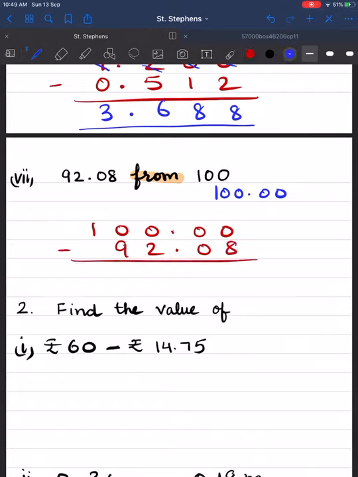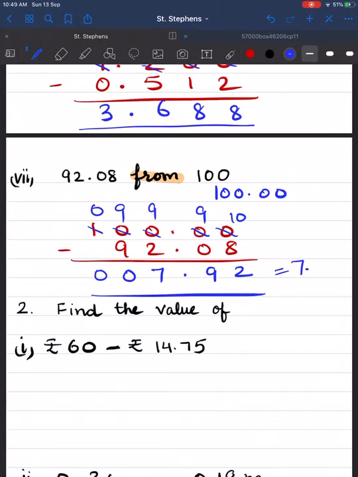So here 10 minus 8 is 2, 9 minus 0 is 9, decimal below decimal, 9 minus 2 is 7, 9 minus 9 is 0, and here also 0. So we get 7.92. Let's do question 2, first part.